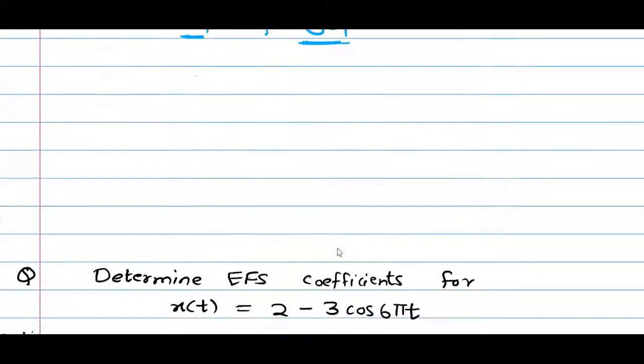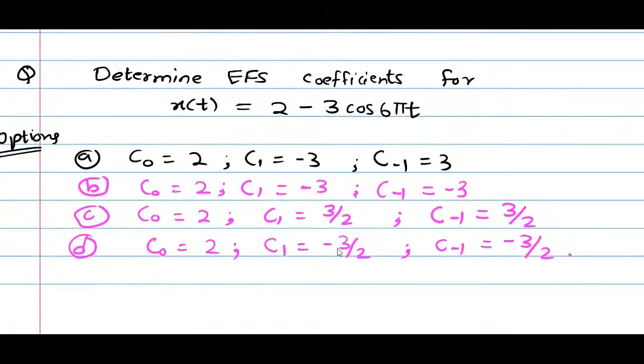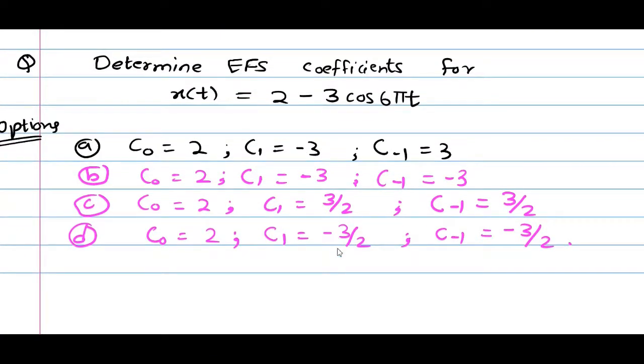Now let's start with the question. Determine the exponential Fourier series coefficients for x of t equal to 2 minus 3 cos 6 pi t. The constant term is nothing but C naught, and in all four options C naught value is 2.